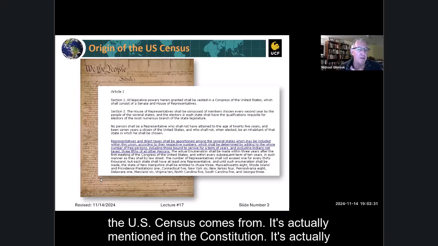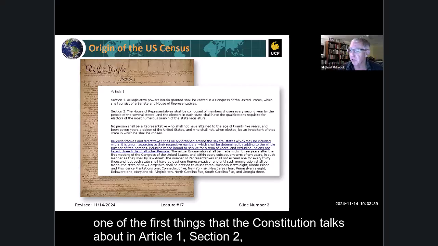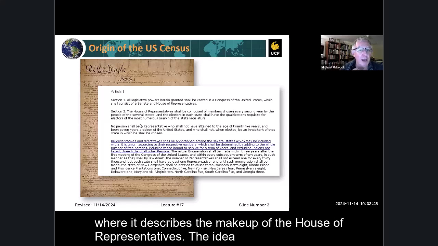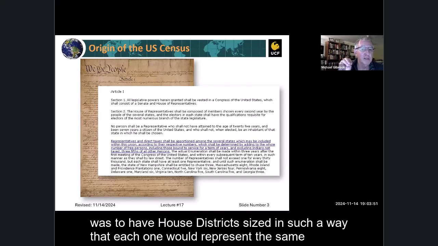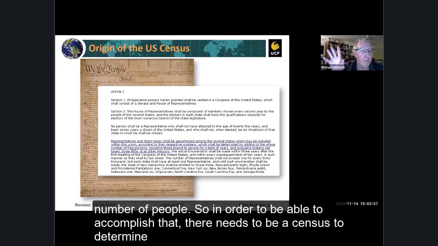Let's talk about where the US Census comes from. It's actually mentioned in the Constitution. It's one of the first things that the Constitution talks about in Article 1, Section 2, where it describes the makeup of the House of Representatives. The idea was to have House districts sized in such a way that each one would represent the same number of people.